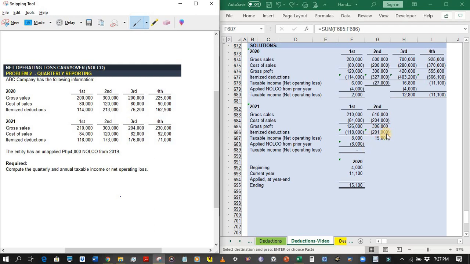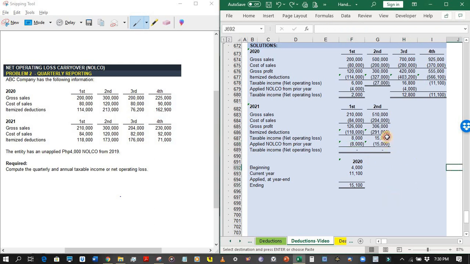But for how much? So the amount to be deducted is 15,000 pesos. So we have no taxable income for the second quarter, which is for the first 6-month period. And why did we deduct the 15,000 pesos, if out of 15,100, we already deducted 8,000 pesos at the end of the first quarter?